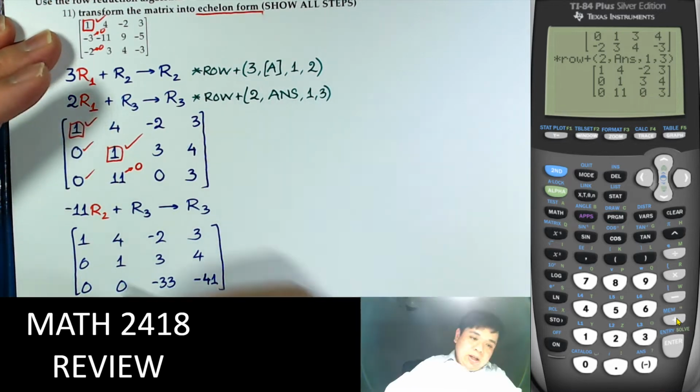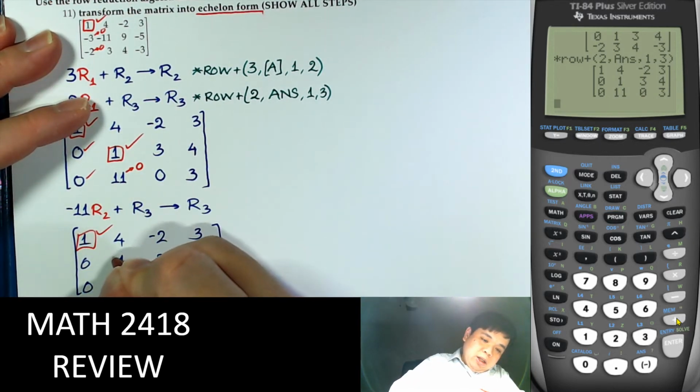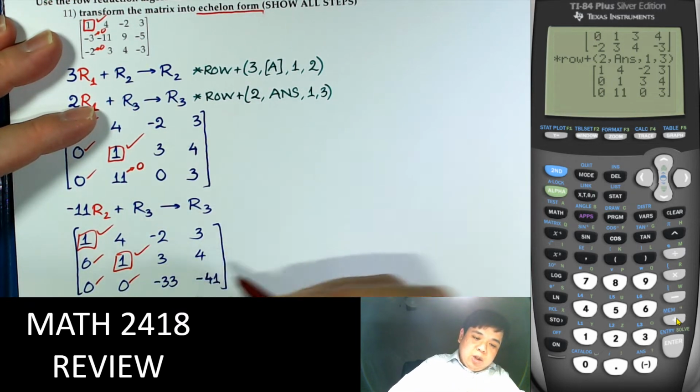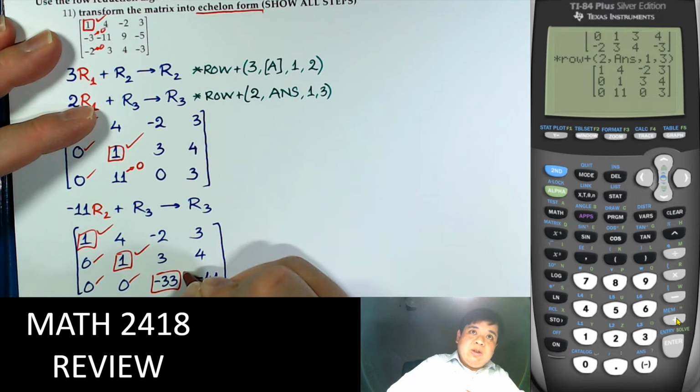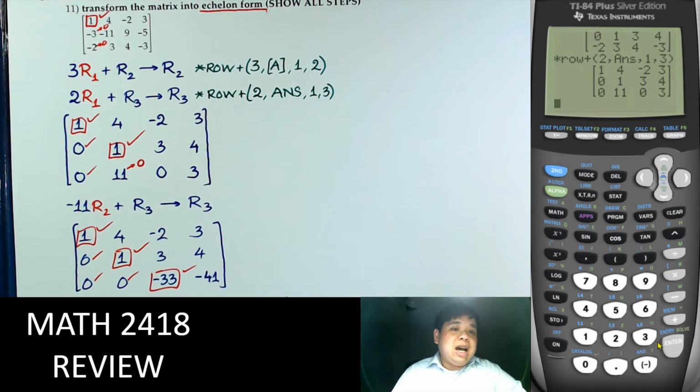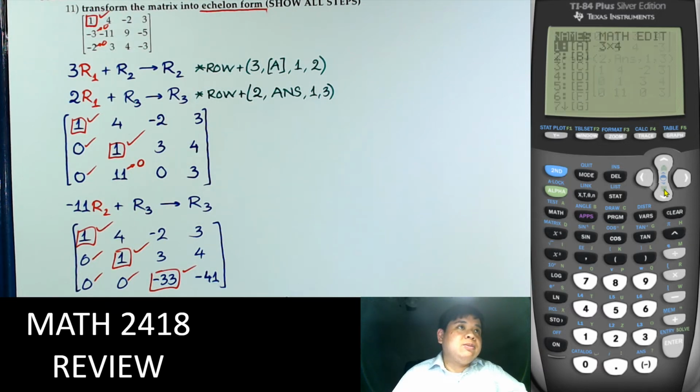So let's check. The pivot here is good. Everything below that is 0, yeah, pivot. So that's good. This is not equal to 0, so that's good as well. Right, so that is that. Let me just do this quickly. Right.